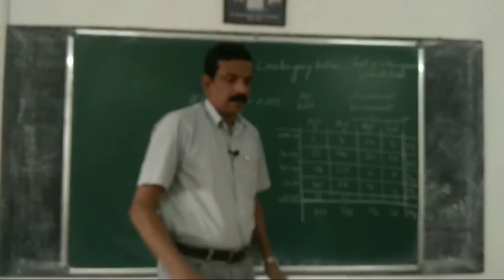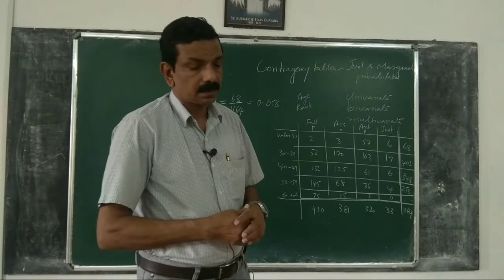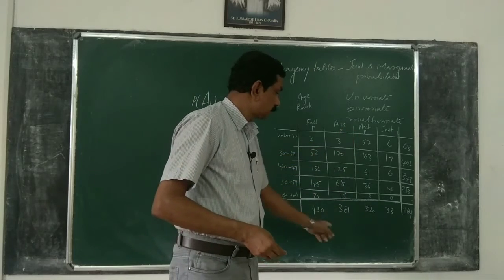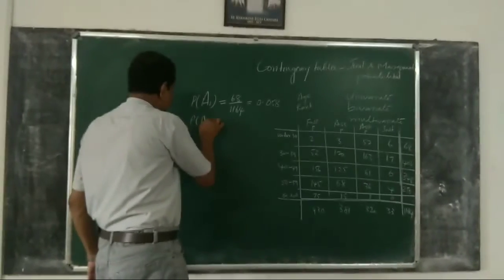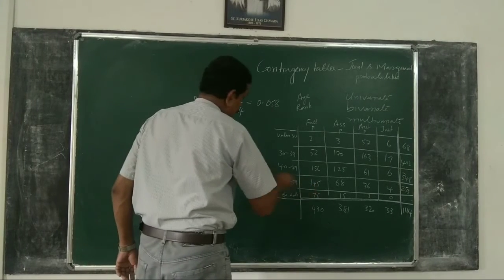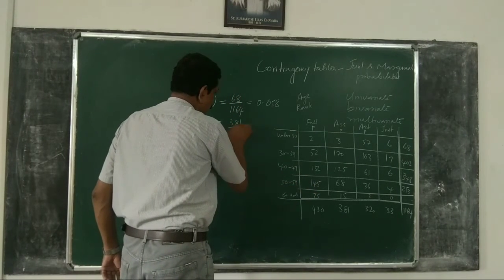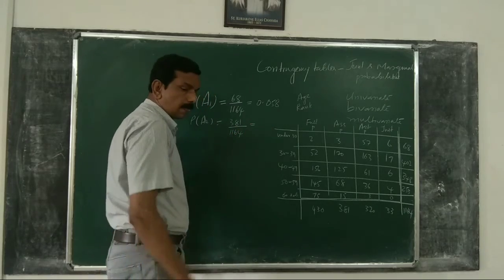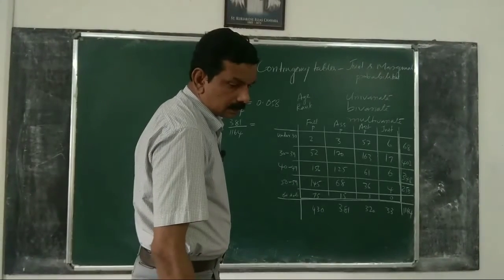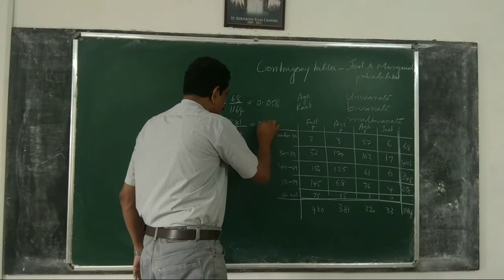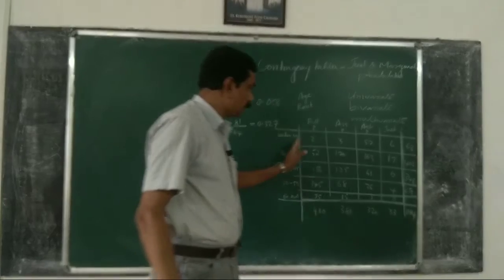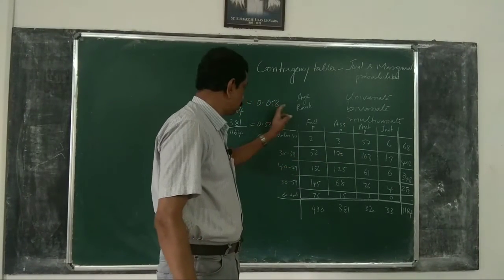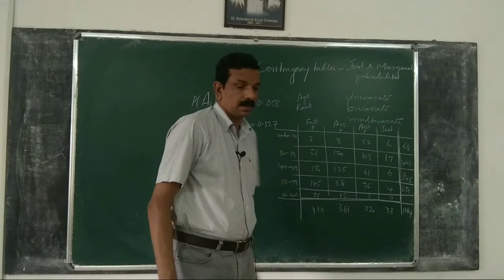Let the event A2 be that the faculty member is an associate professor. Then the probability of A2 is equal to 381 by 1164, which is 0.3276. These are probabilities like 0.058, 0.327, etc.